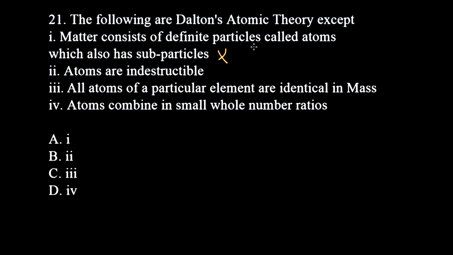It was further experiment that modified Dalton's theory. Dalton states that atoms are indestructible, that all atoms of a particular element are identical in mass, and that atoms combine in small number ratio. So the answer is option A.